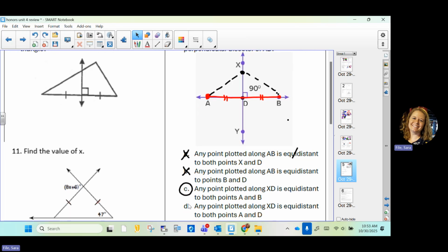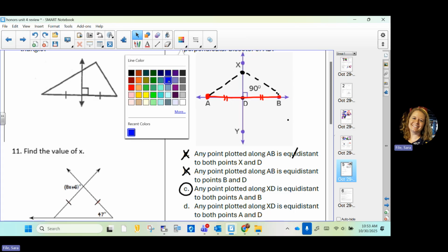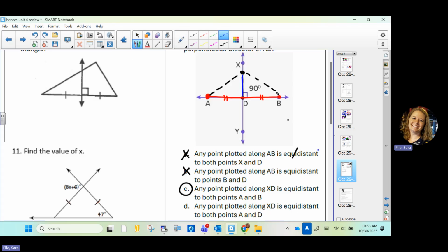Okay, and just to clarify, the last one says any point plotted along XD is equidistant from A and D. That one doesn't make sense. That would mean that they're telling us this distance here is the same as this distance here. And that absolutely does not make sense, because we know this is a right angle.